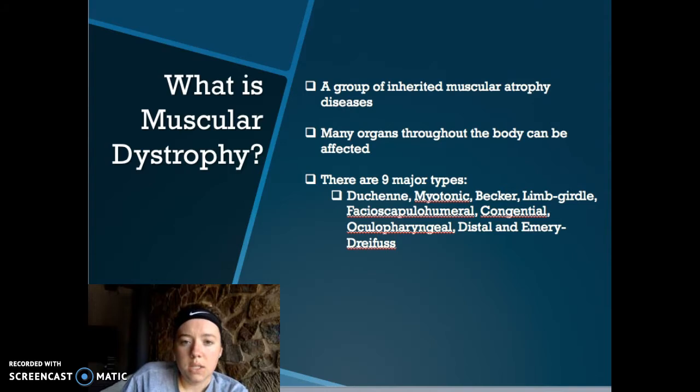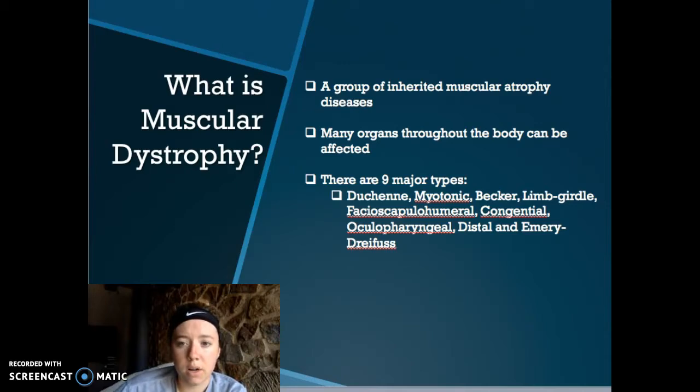So muscular dystrophy is a group of inherited muscular atrophy diseases. So first, atrophy means basically the loss of muscle tissue. So when you have muscular dystrophy, it's basically a slow progression of losing muscle and becoming weak.